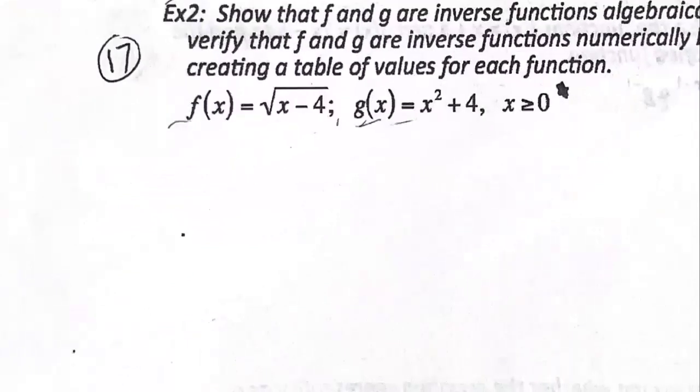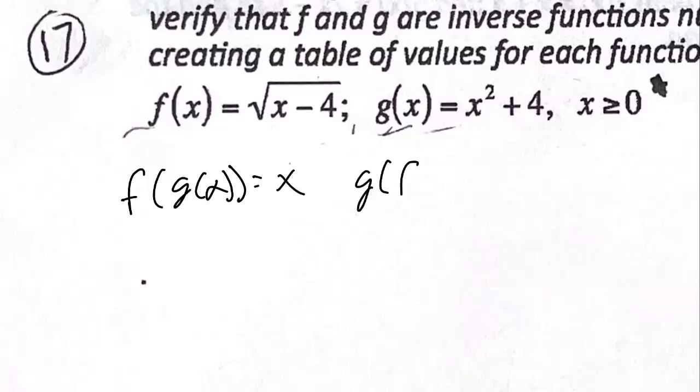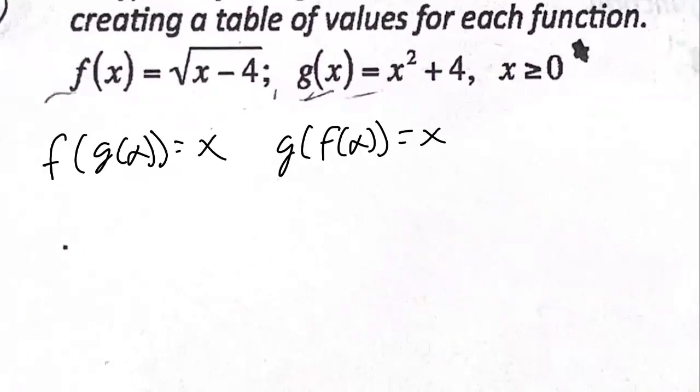So first, algebraically. So we're just gonna plug it in. Algebraically means you're just gonna plug it in. So f of g of x has to give me x, and then g of f of x has to also give me x. So this is how you can verify it algebraically.